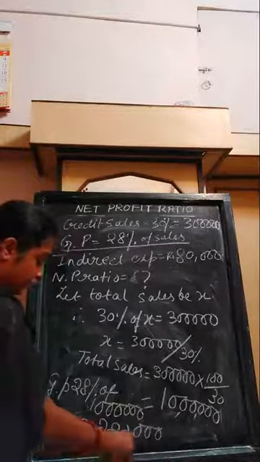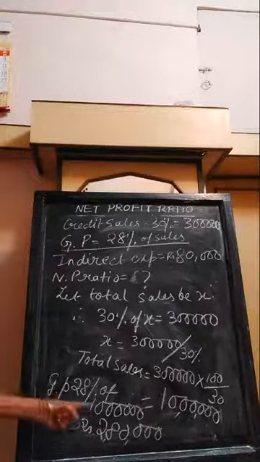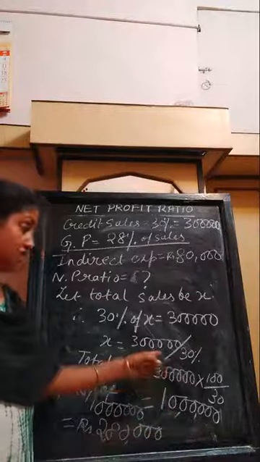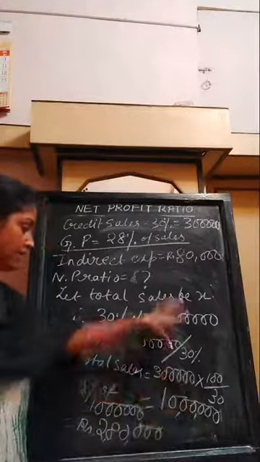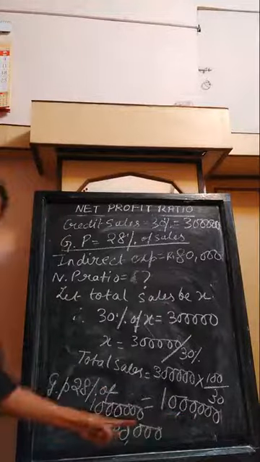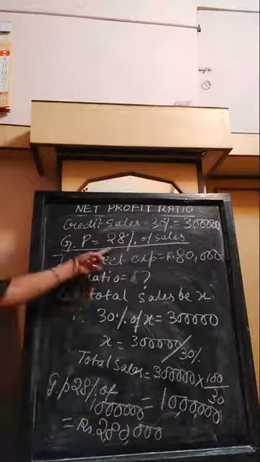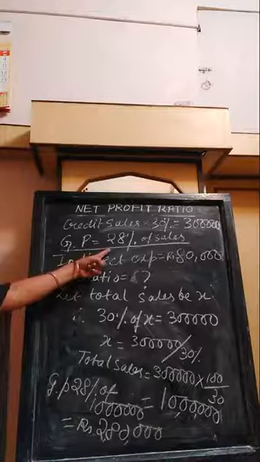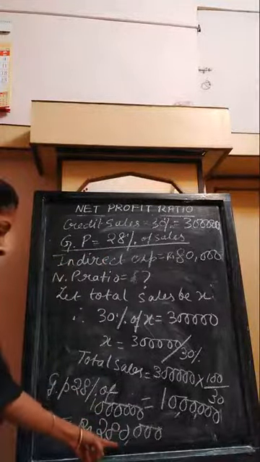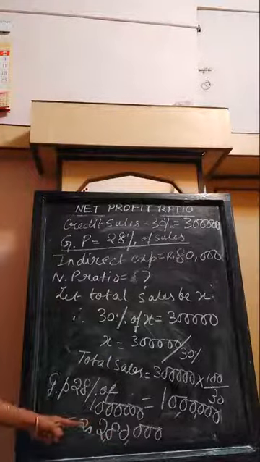Total sales is not given directly, but we have found out that total sales is coming to rupees 10 lakh. Now 28% of this 10 lakh is coming 2,80,000. So GP we have found out.